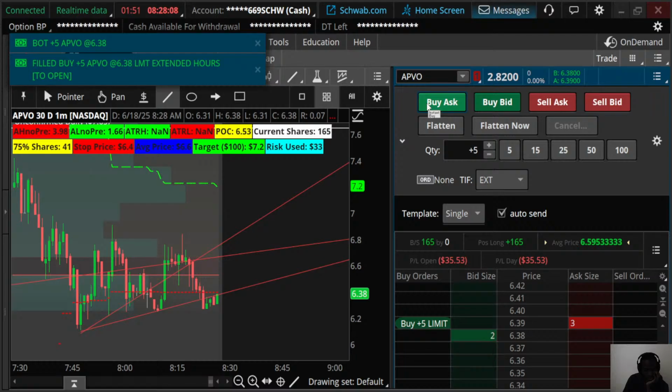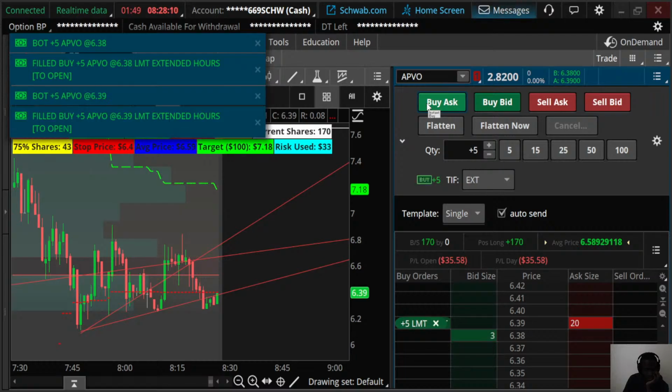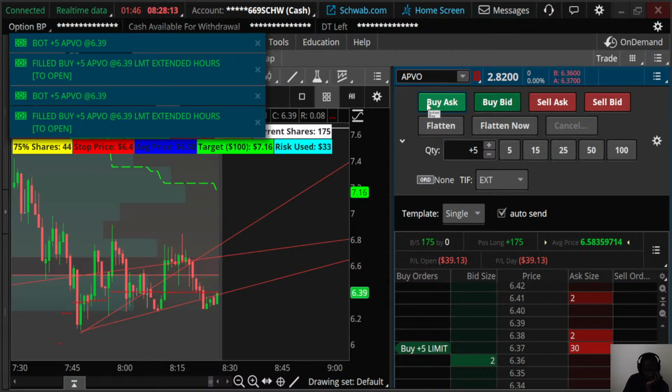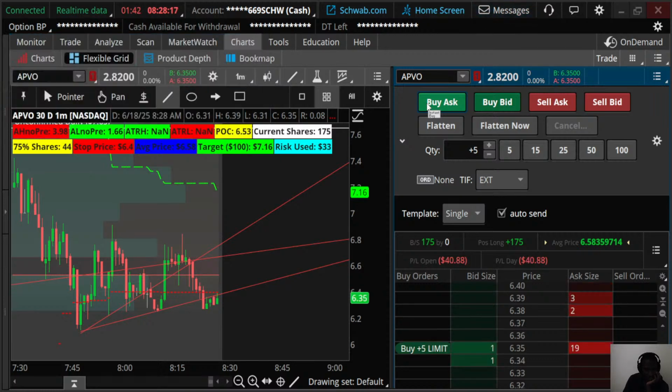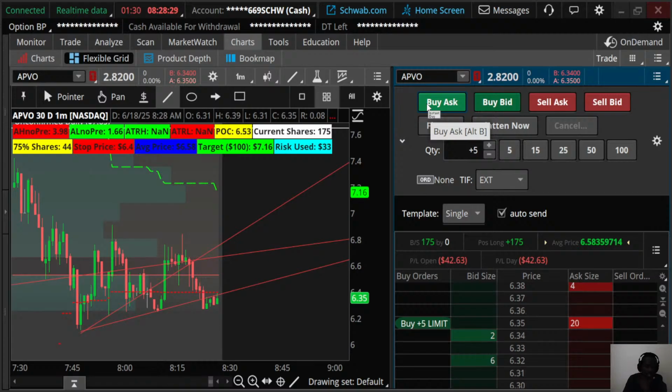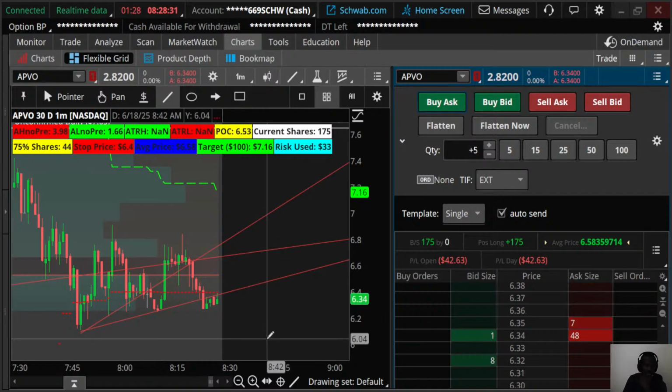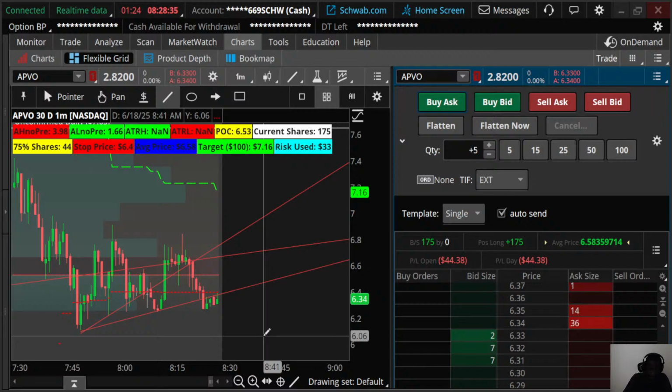Add a little bit here. Going back over these levels. And at 6:58 right now with a minute left. $15 million shares traded. Got to be ready to sell because I don't know what this pop is going to look like.